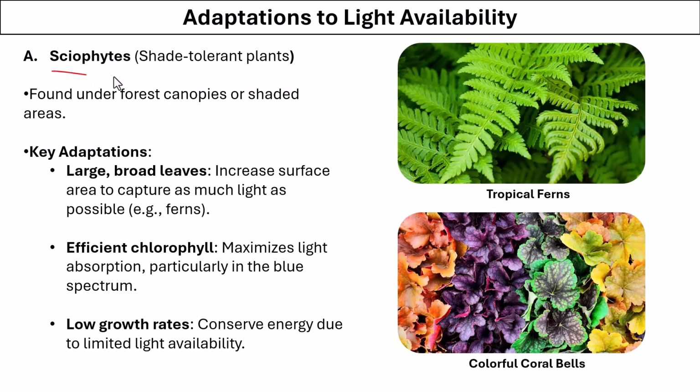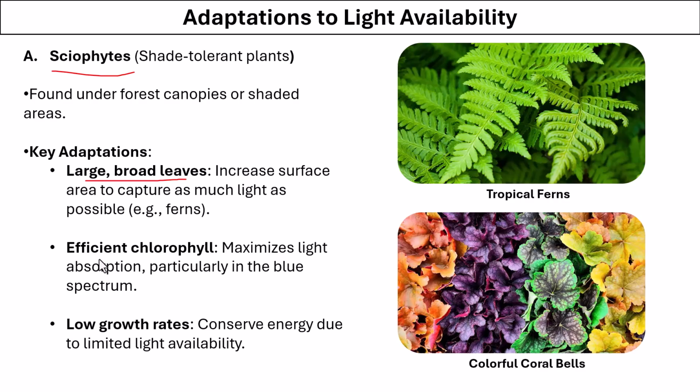Sciophytes are the shade-tolerant plants. They are found under the tree canopy or in shady areas. A common adaptation in these plants is that they have broad and large leaves, which increase the surface area to capture as much light as possible, for example, ferns.